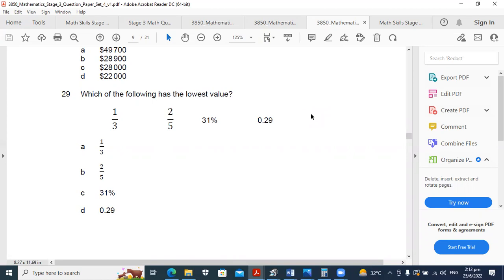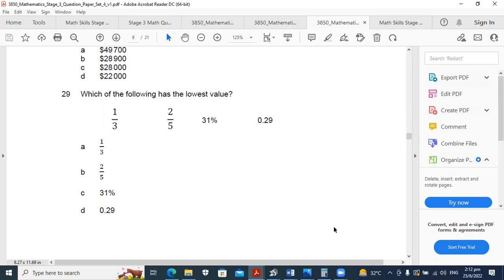All right, so one suggestion is to put everything as a percentage, because right now you have fractions, percentages and decimals. If you put everything as a percentage, we can compare them better.